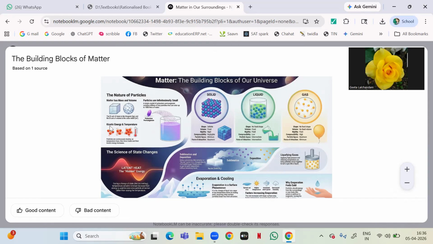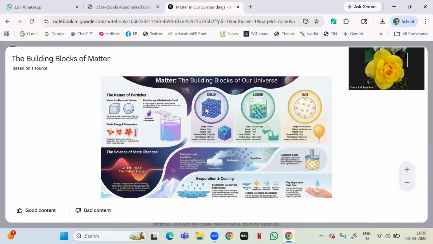Then there's a relation established in the textbook, the relation between kinetic energy and temperature, as this picture is telling you very clearly: when we increase the temperature, the kinetic energy, the movement of the particles, increases. Then this is the kinetic molecular theory, which defines matter according to its particles.